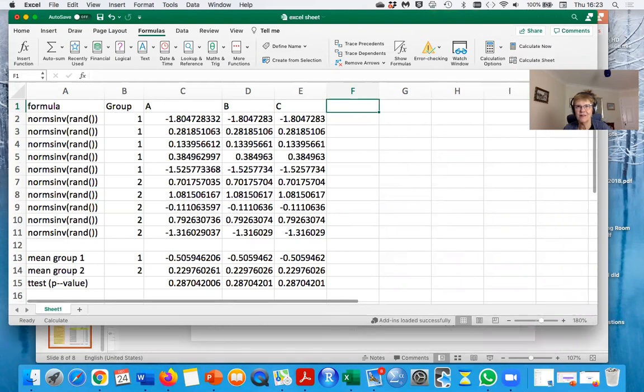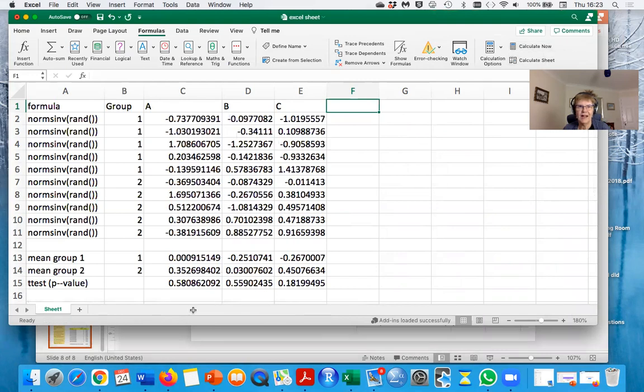Here we go, there it is. And you can see different p-values for different compounds, but I'd like you to try that with going right across and doing 16 altogether.